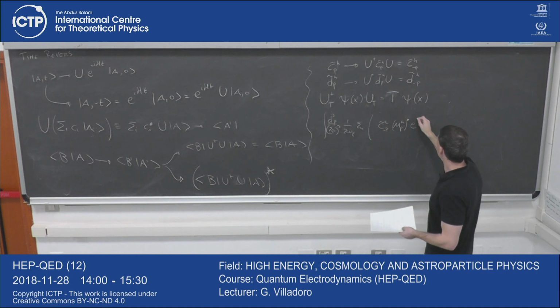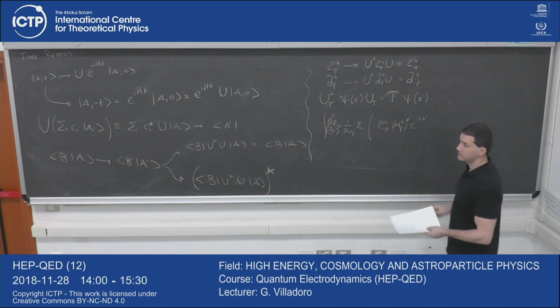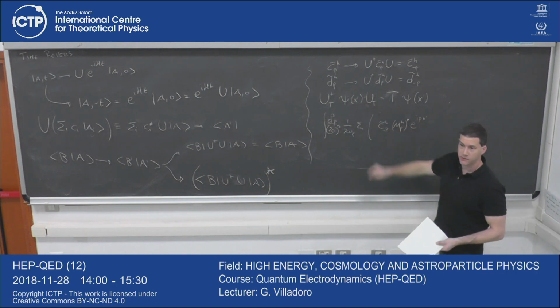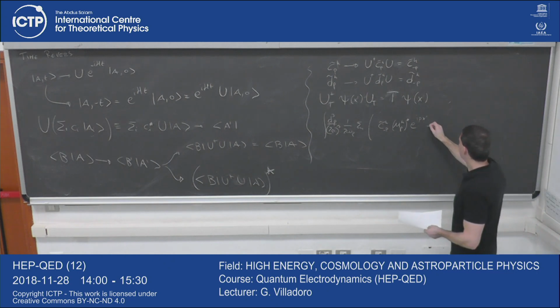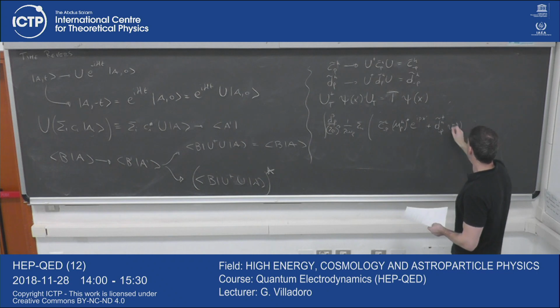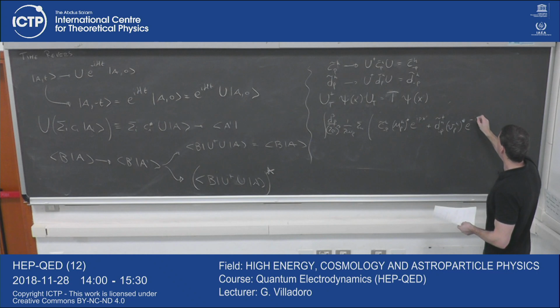And here I get e to the i p x, because again I take the complex conjugate, and this x is an x prime, because I'm computing on x prime. And then I have analogously here a d dagger minus p h, a u p h star, e to the minus i p x prime.